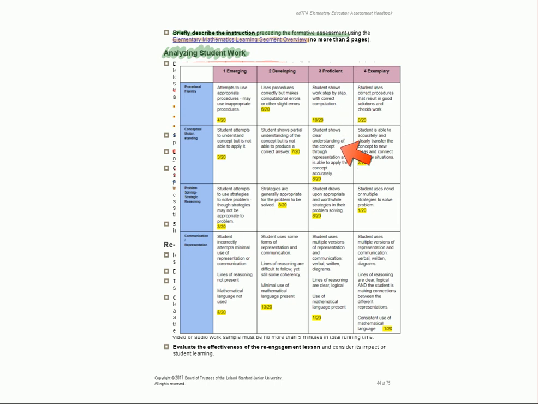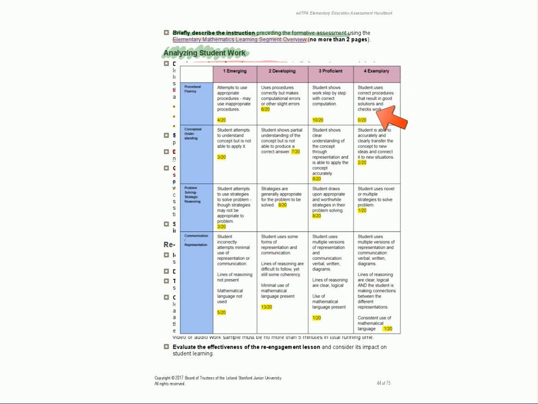Proficient, so this will be grade level. Okay, so 3 is what we're hoping for at least. Student shows work step by step with correct computation. And then exemplary, what might be above and beyond. Student uses correct procedures that result in good solutions and checks work. So something that goes beyond the base expectation.